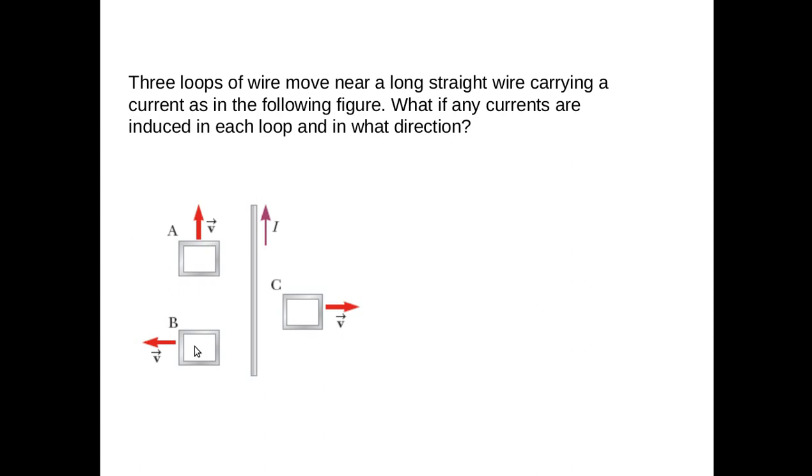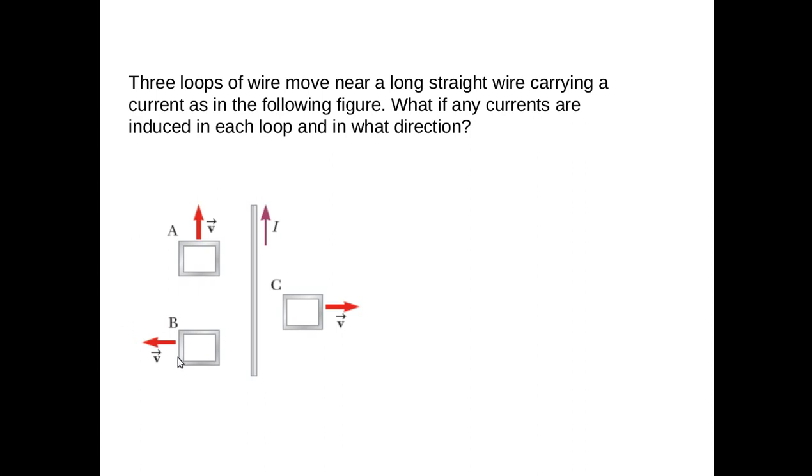Think of it as B initial and B final. For loop B, the magnetic field initially is really, really strong out towards me, and then it gets weak as I go farther away. So B initial is really strong towards me, B final is really weak towards me. So the magnetic field strength is decreasing inside this loop.